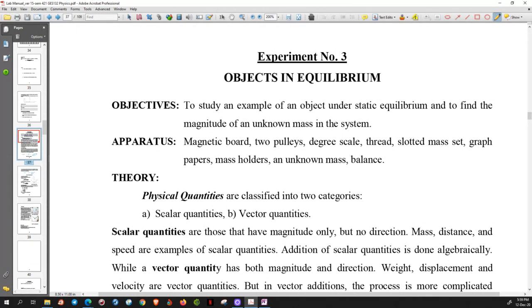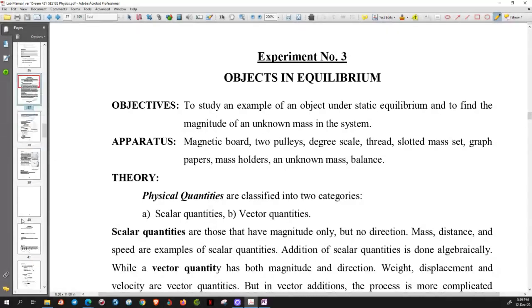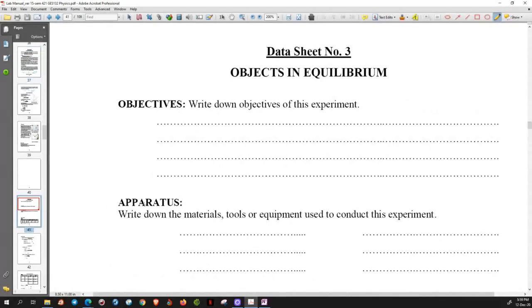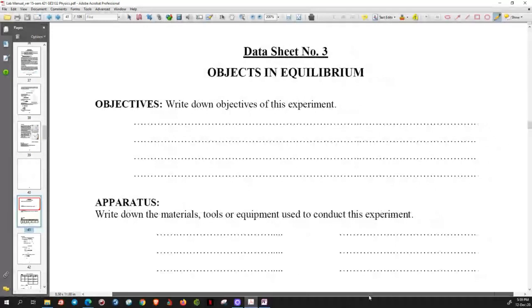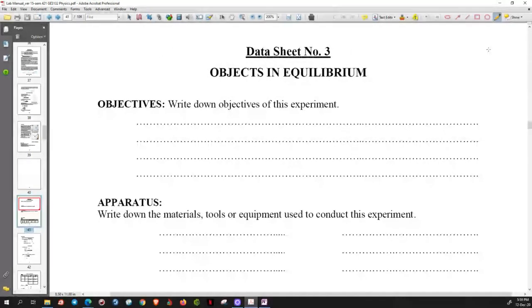So in objects in equilibrium, for the exam, usually you will get something like this in your data sheet, except that there will be a number in the objective, 1, 2. So that means maybe you have to write 2 objectives. If there's number 3, number 4, that means you have to write 4 objectives.